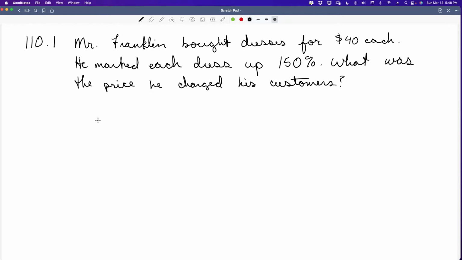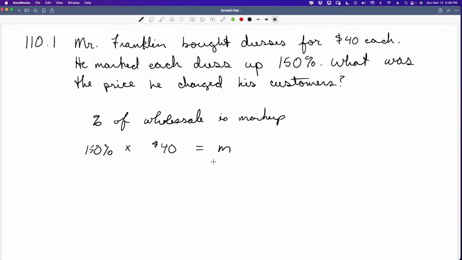So a percent of wholesale price is markup, right? That's our formula. So the percent is 150%, and that's going to be times, because of is times, the wholesale price is $40, and that's going to equal the markup.